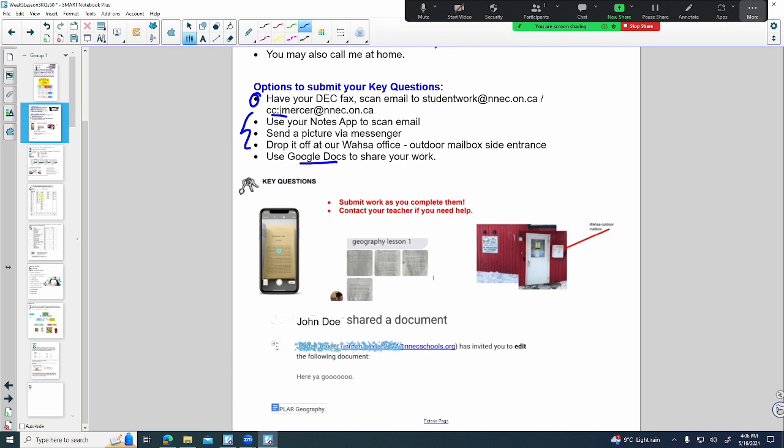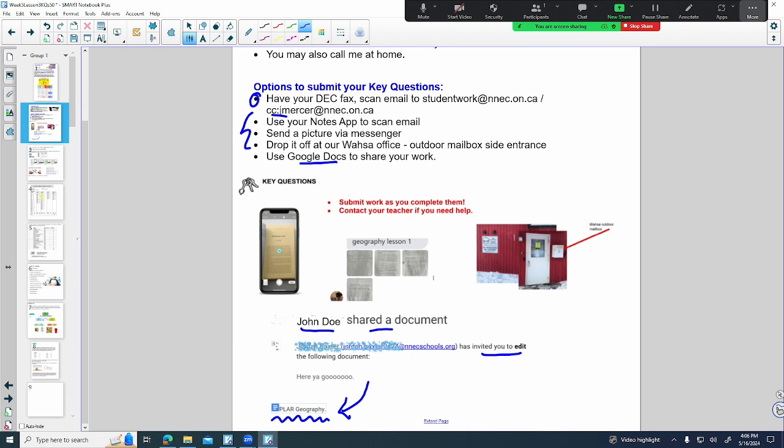So here's an example. A student shared their work with me. I just crossed off their name, but I got an email saying John Doe, or whatever the student's name is, shared a document, and then it shows me the document that's shared. In this case, it's the PLAR geography. Notice how it gives me the person's email, has invited you to edit.